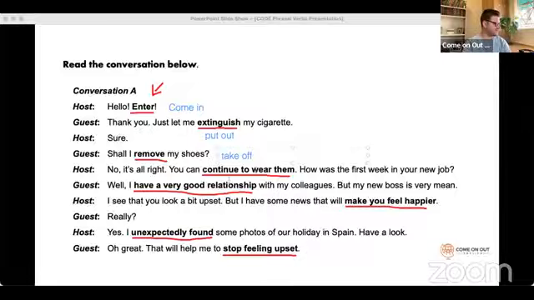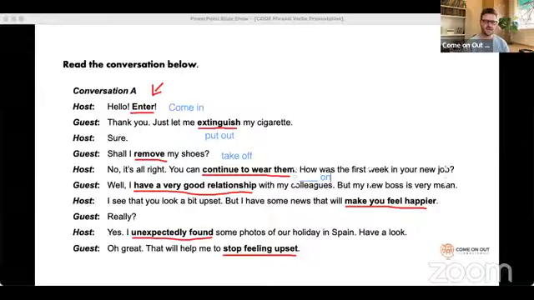Moving on to the next one, continue to wear them. This is a very long sentence, but which phrasal verb do you think we can use that has the same meaning as continue to wear them? I'm going to give you a clue: the preposition is on.